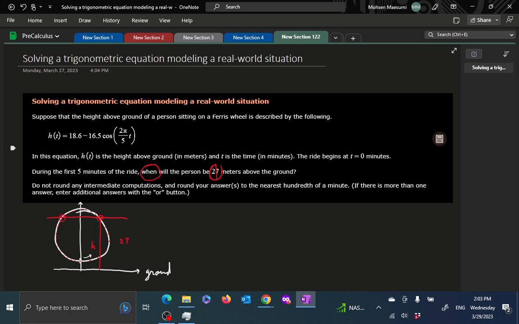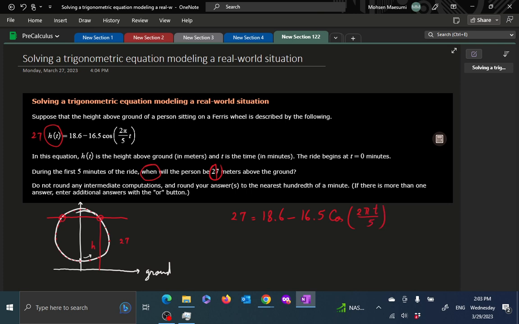So what is it that we want? We want the h of t, the height, to become 27. So we really have 27 equal to 18.6 minus 16.5 times cosine of 2 pi t over 5.